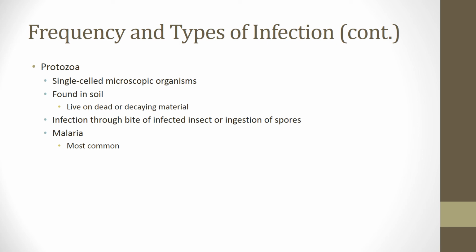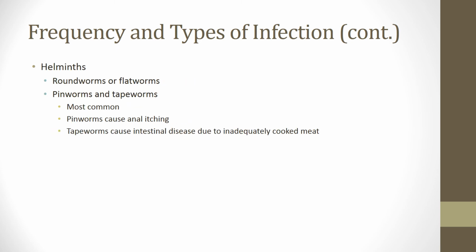Good news is it can resolve by itself, or if it's found early, can be treated by antibiotic therapy. Another class of infection is roundworms and flatworms and tapeworms, which belong to the class of helminths.